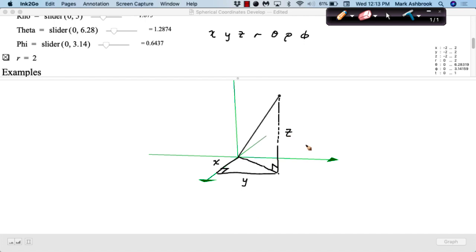We good? Good so far? Okay, what about r? Where's r? This one here is r? Agree with that? So which is it? Is this r or is this r?